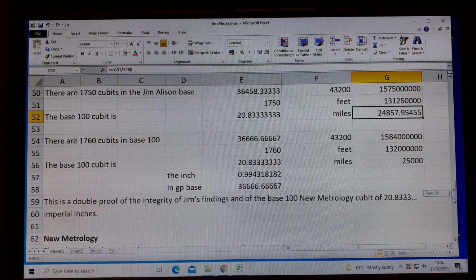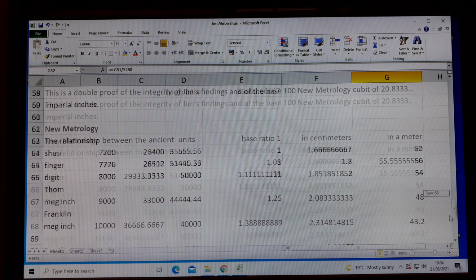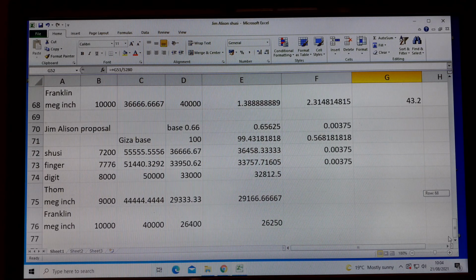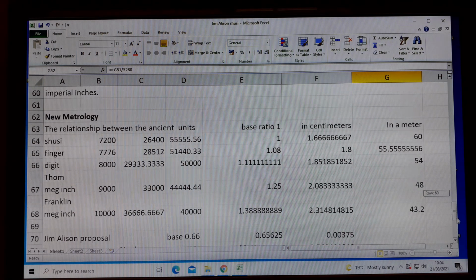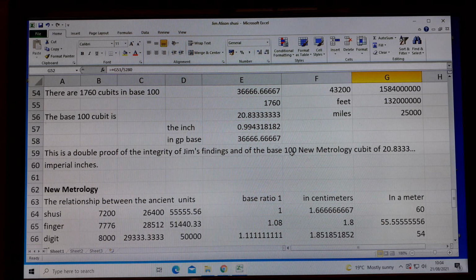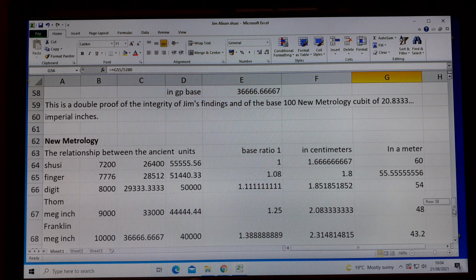But my suggestion is that is only 99.4318181% of the whole system, which is base 100. And if we use base 100, we get 25,000 miles as the Great Circle.